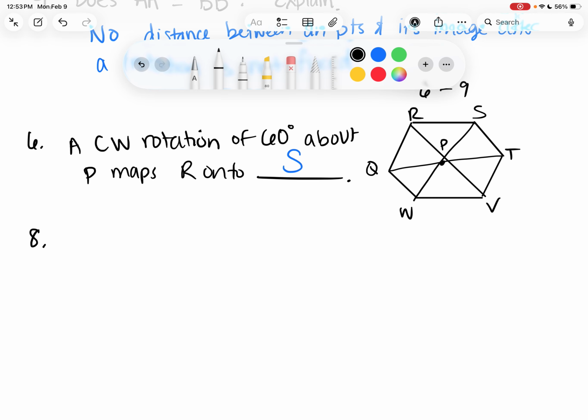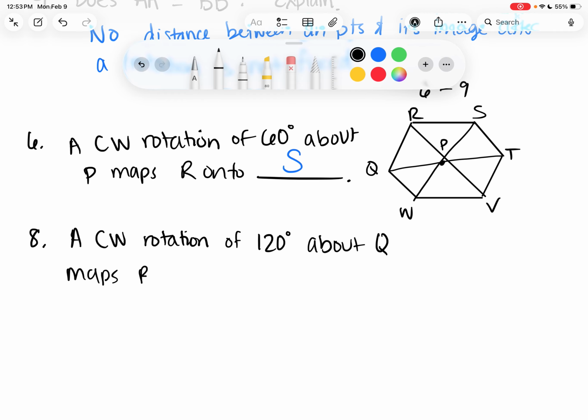8. A clockwise rotation of 120 degrees about Q, maps R onto blank. So clockwise rotation of 120 degrees maps R onto what?